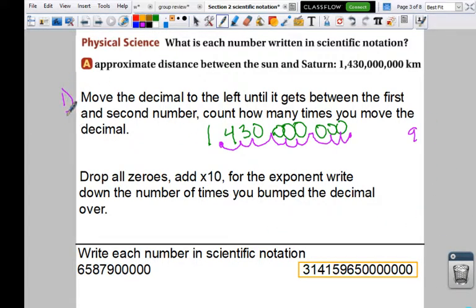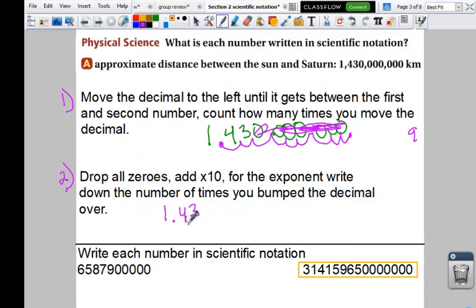Step 2 now. You see how I have all these extra zeros at the end? We're going to drop all those zeros, get rid of them. I'm just going to write down 1.43. That's the first number in my scientific notation, and it's between 1 and 10, so that's perfect.